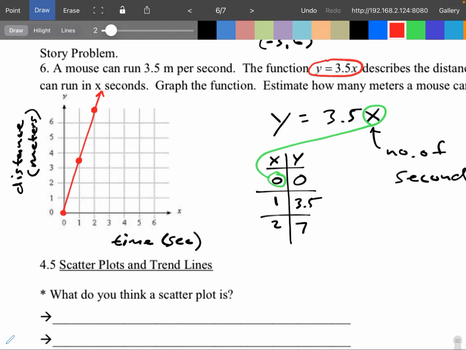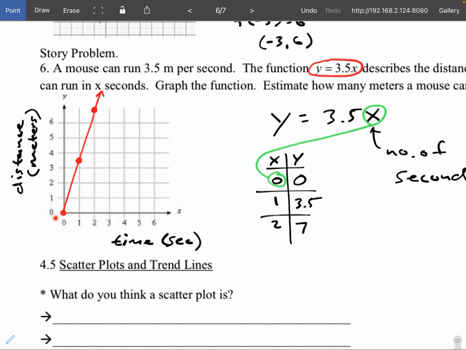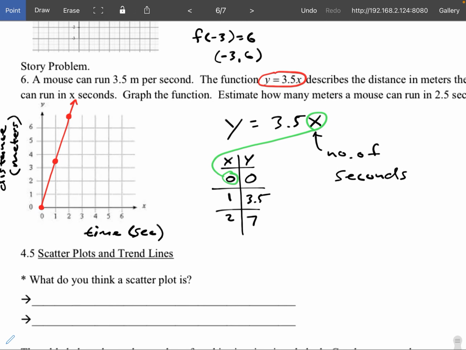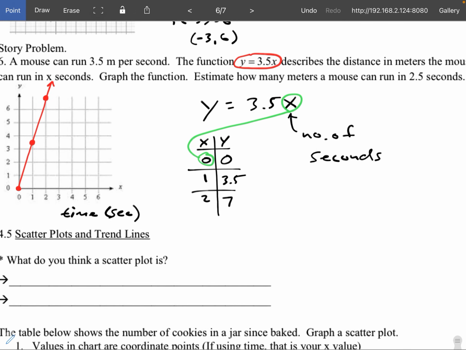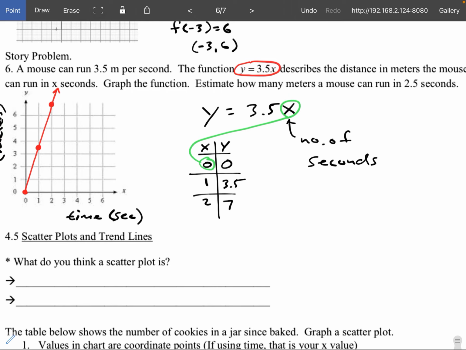Can we have a half a second? Yeah, or a quarter second or whatever. So we're going to connect them. I am going to put an arrow on there, but you don't want to put an arrow going the other way because you can't have a negative number of seconds. So I'm going to let the graph stop right here.